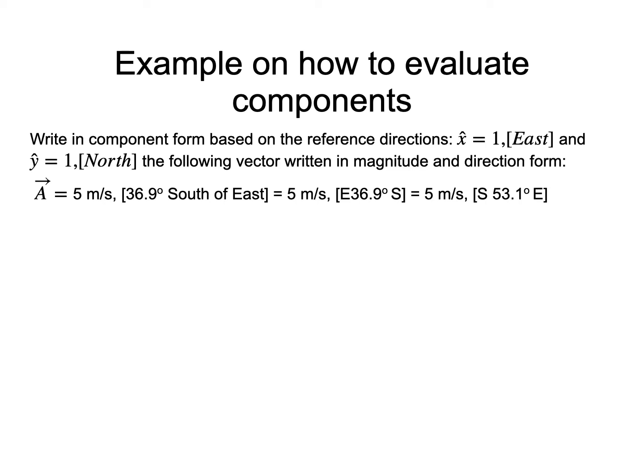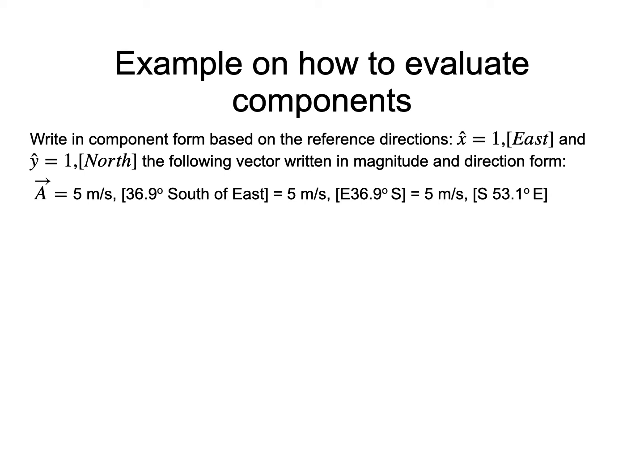East 36.9 degrees south means that the vector A points roughly towards the east, but it is deviated towards the south side of east by 36.9 degrees. The third way deviates a southward vector by 53.1 degrees towards the east side of south. The complementary angle to 36.9 degrees was used here.